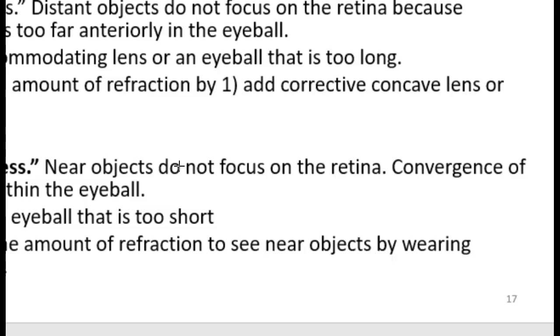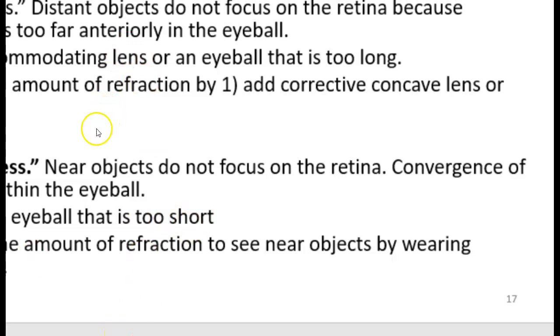So it just happens with time. It's usually easier to see near objects than far objects, but it can change over time. We aren't going to discuss how that's corrected very much. Usually you get bifocals, but that's for another course, I think.